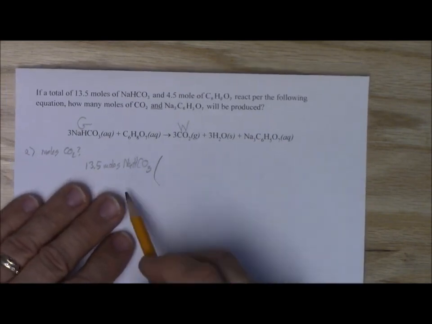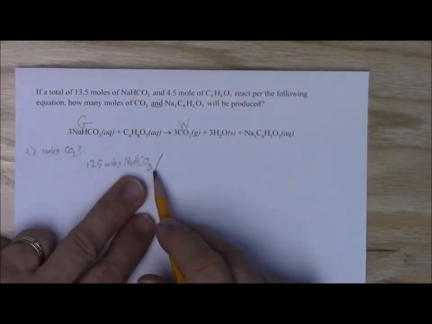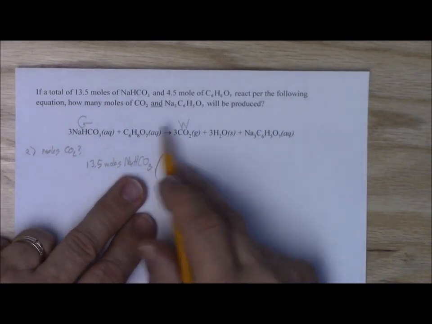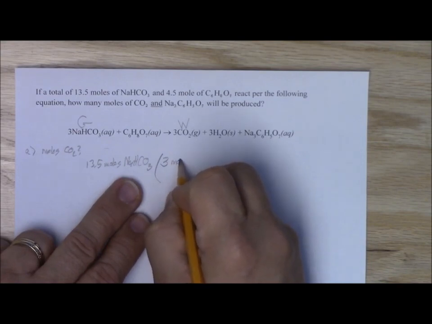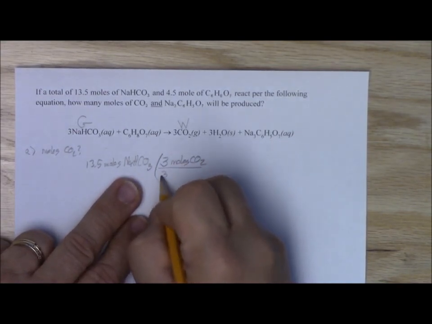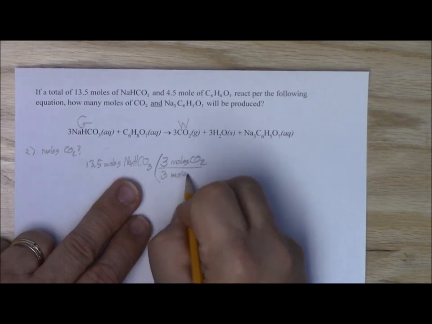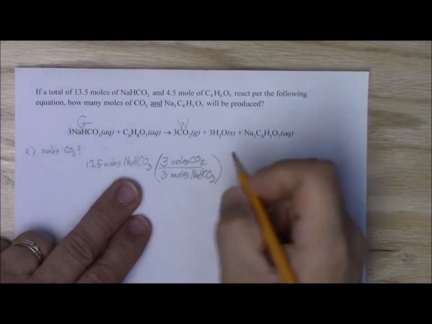So we're taking 13.5 moles of NaHCO3, multiplying it by a mole ratio of wanted over given. That would be 3 moles of CO2 over 3 moles of NaHCO3.